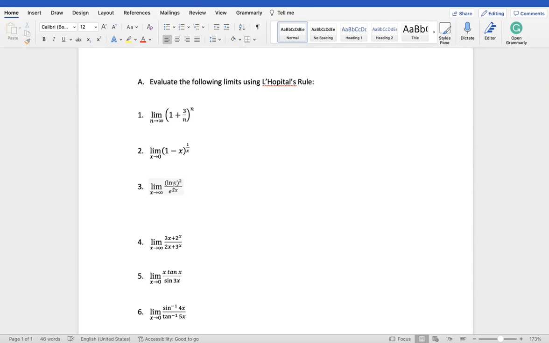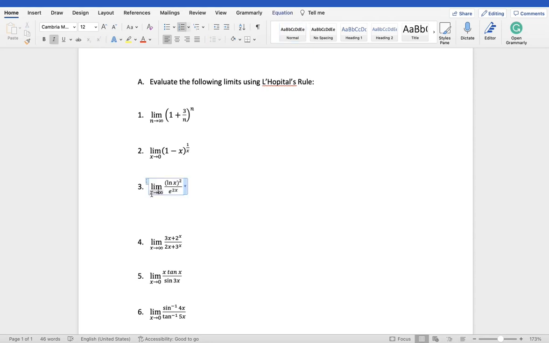All right. So this question is asking us to apply L'Hopital's rule to solve these particular limits. If you look at question 3, it has the limit as x is tending to infinity of (ln x) squared over e to the 2x.